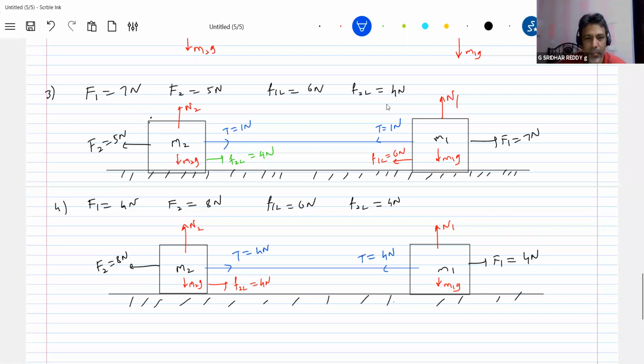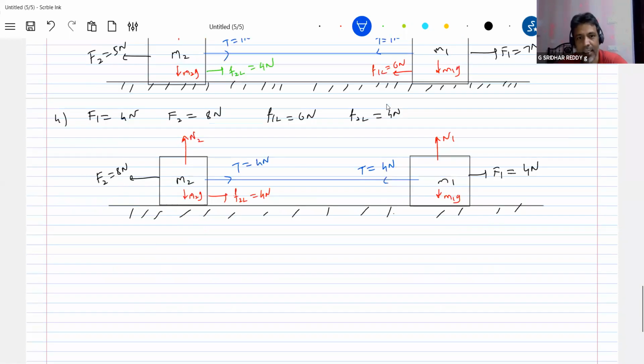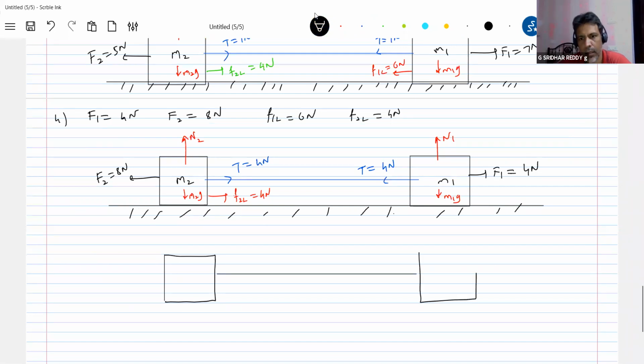Now students may start like this, the same problem. This M1, this M2.